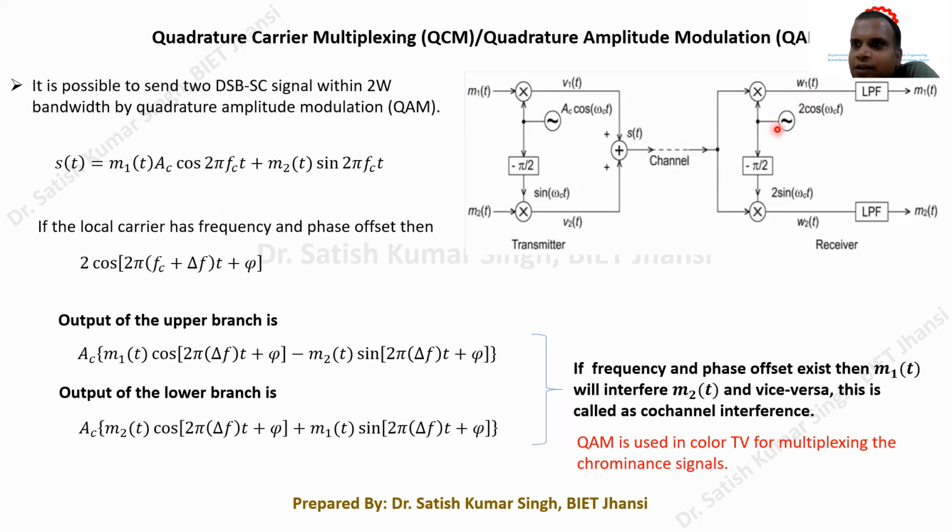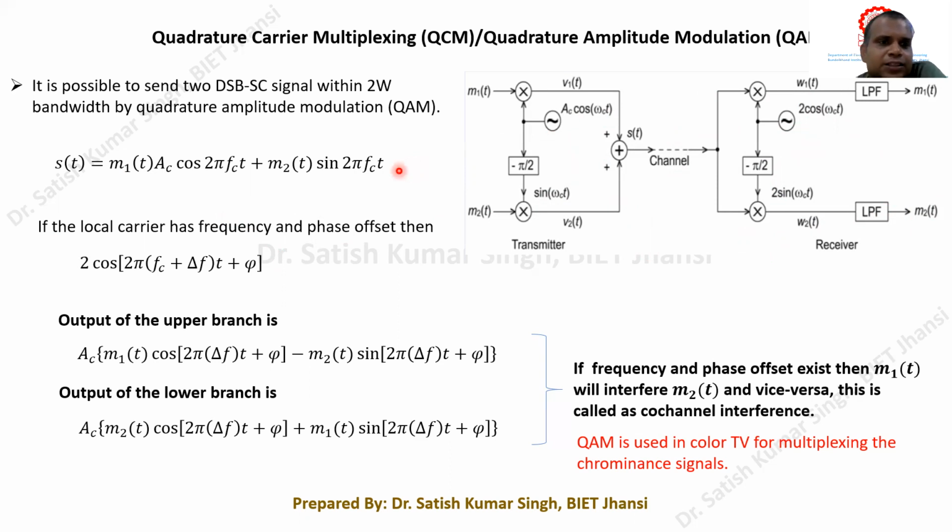If this is the case, then obviously we will be able to get m1(t) and m2(t) separately. But what happens if it is not perfectly synchronized with the carrier at the transmitter side? Let us suppose there is a frequency offset, meaning the frequency is not the same as that used at the transmitter end.